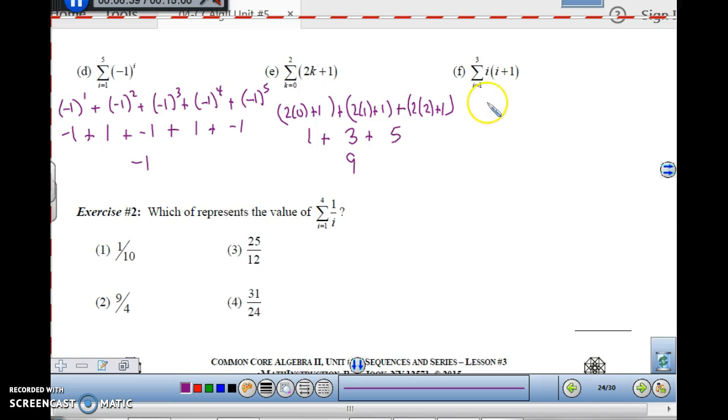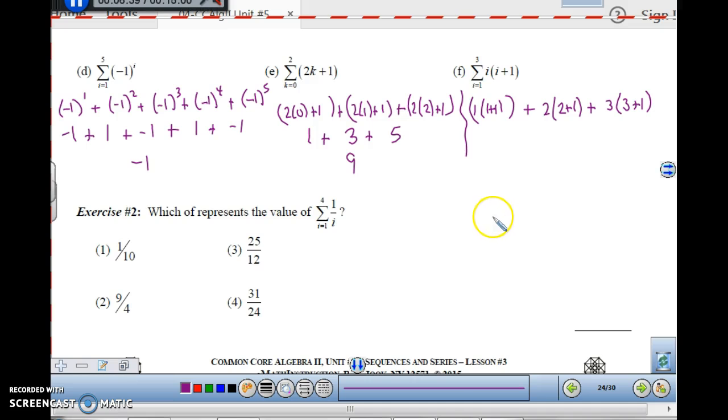All right, let's do one last one here. i equals 1 to 3 of i times i plus 1. Let's start with that. My first term is going to be 1 times 1 plus 1, plus 2 times 2 plus 1, plus 3 times 3 plus 1.